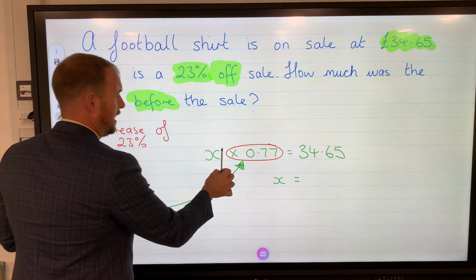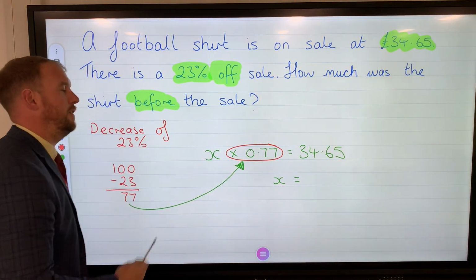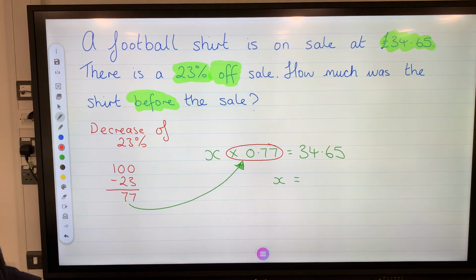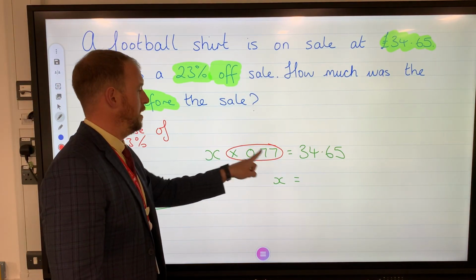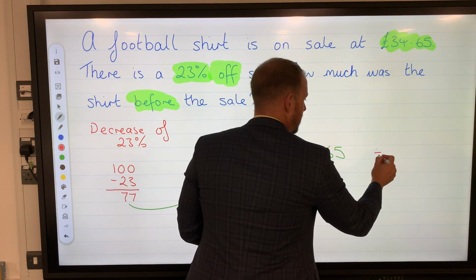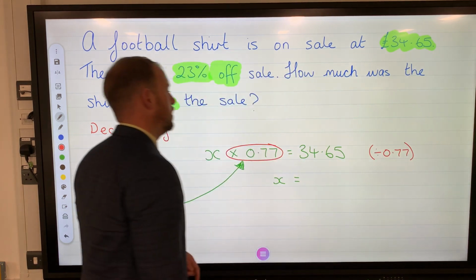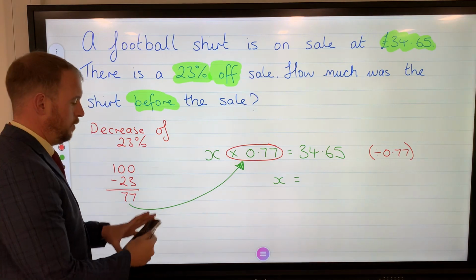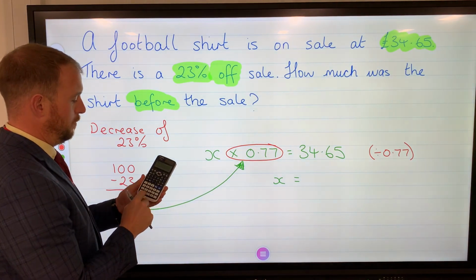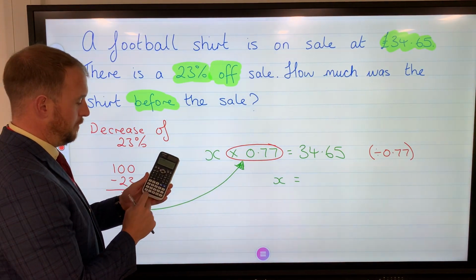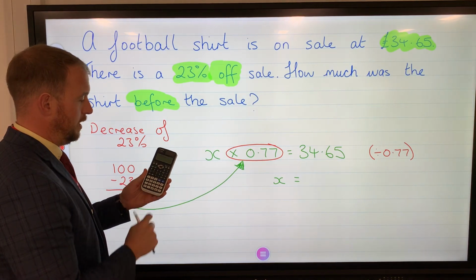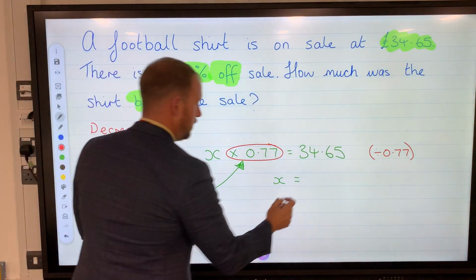And the way that I eliminate this is by using the inverse operation. Inverse is opposite. So the opposite of multiplied by 0.77 is to divide by 0.77. Pop that into your calculator. We've got 34.65 divided by 0.77 equals 45.